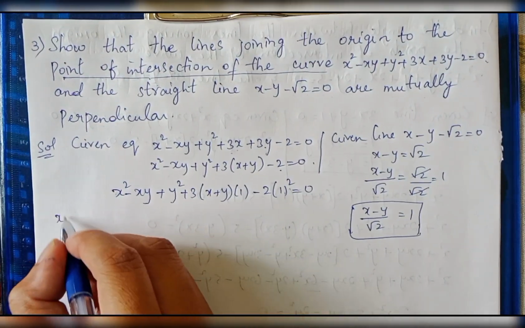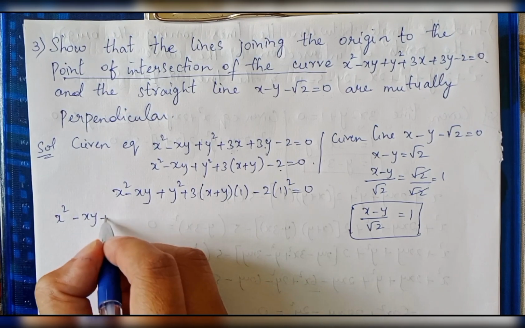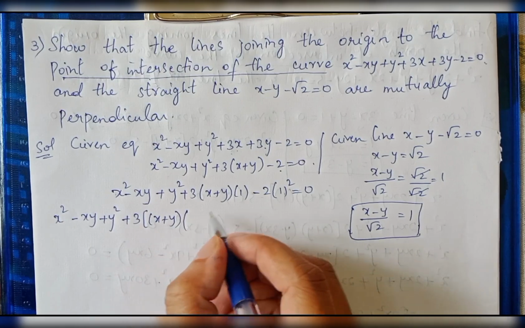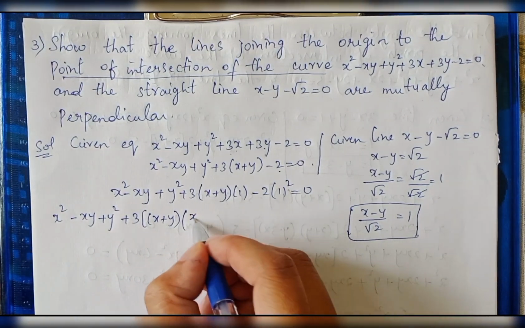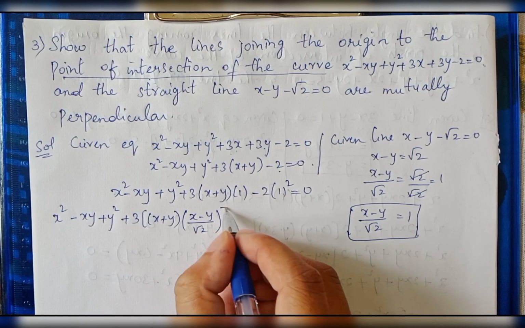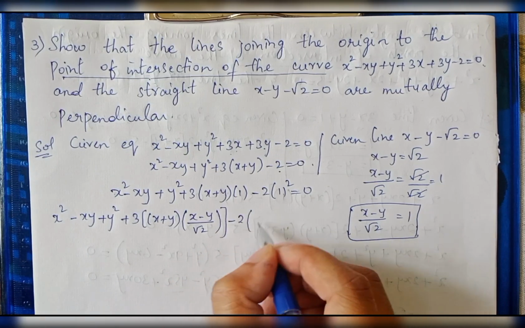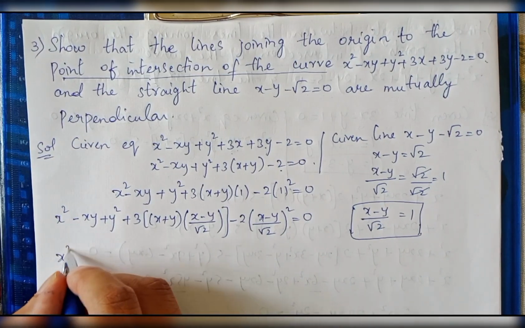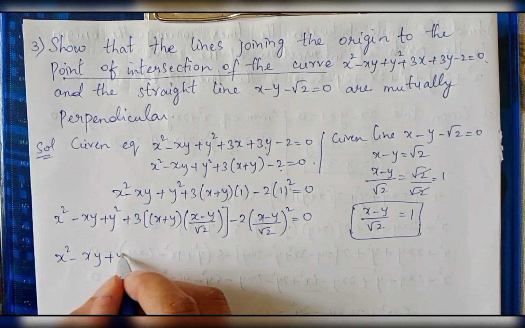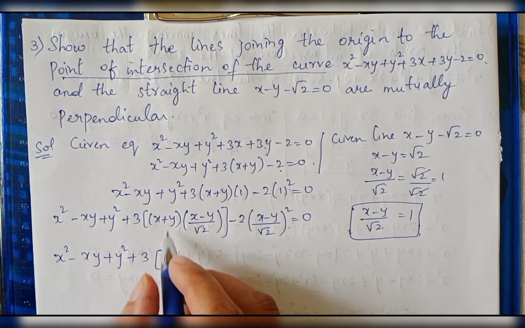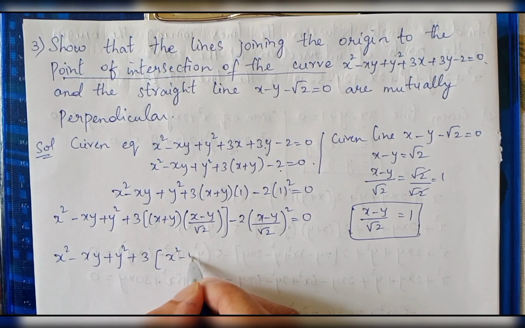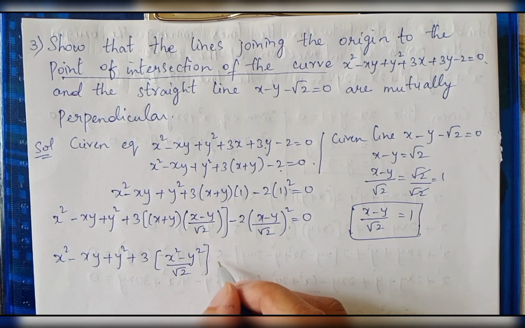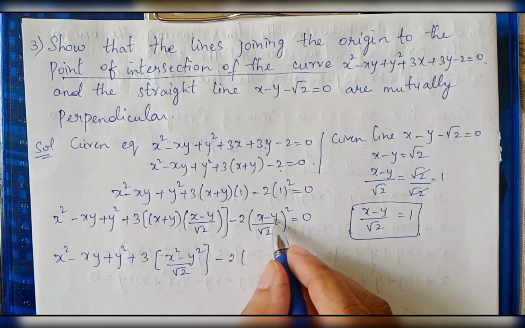So it is x square minus xy plus y square plus 3 into x plus y into the value 1, which is x minus y by root 2, minus 2 into x minus y by root 2 whole square equal to 0. So it is x square minus xy plus y square plus 3 into a plus b into a minus b, which is a square minus b square. So it is x square minus y square by root 2 minus 2 into a minus b whole square.